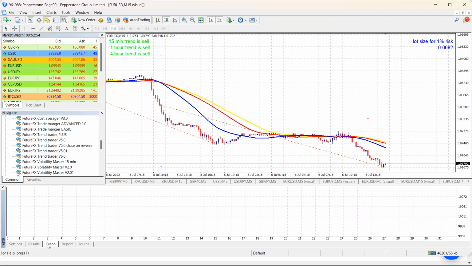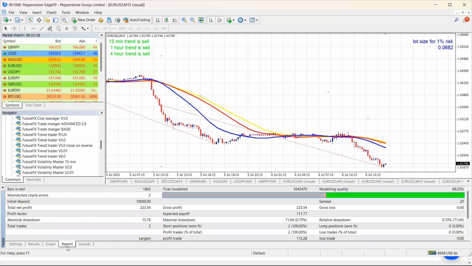It won't take out very many trades in 2 weeks. And that's it. So it just took out 2 trades and it made $223.